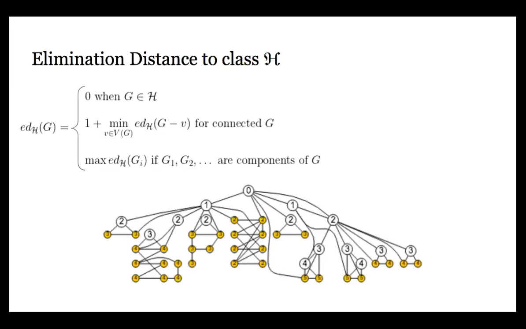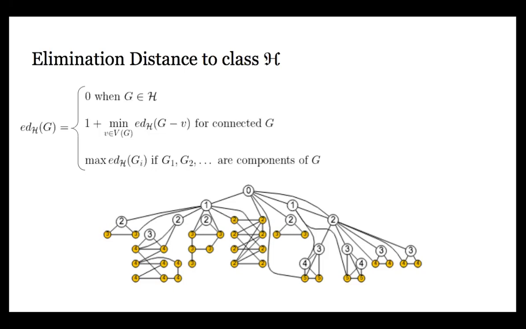Similarly as before, we can consider graph decompositions crafted to this measure. Similarly to the elimination forest, we can consider an H-elimination forest, where instead of leaves in this forest, we can have arbitrarily large subgraphs which belong to our class H, which in this example are bipartite.